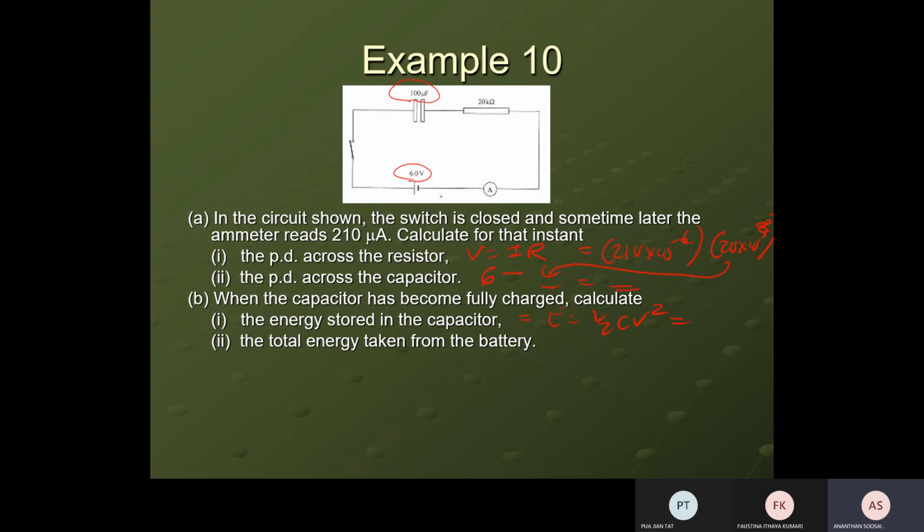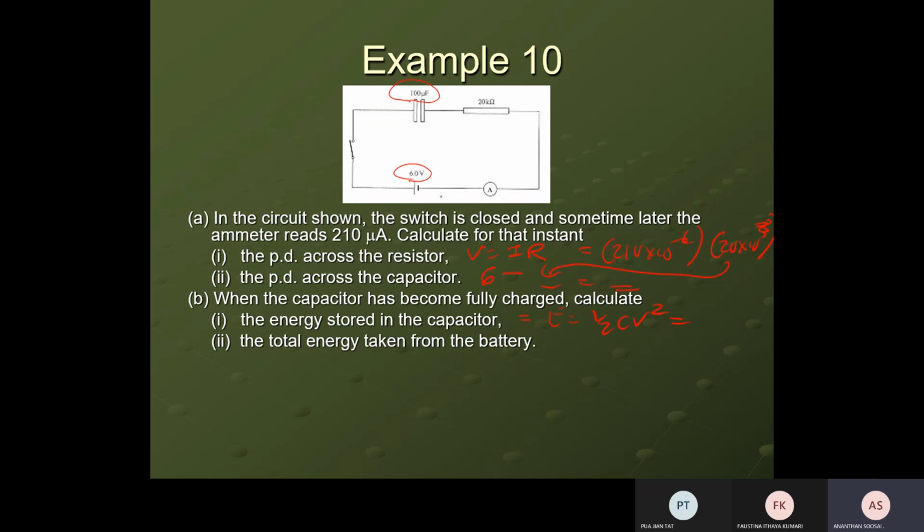The energy stored in the capacitor is one half CV squared. C is 100 microfarad, so 100 times 10 power negative 6 farad. V is the same as the voltage across the battery, 6 volt.